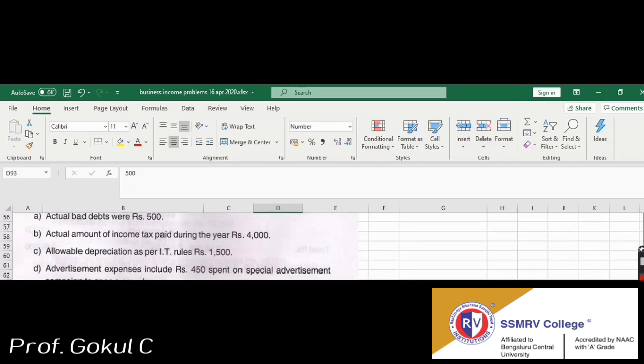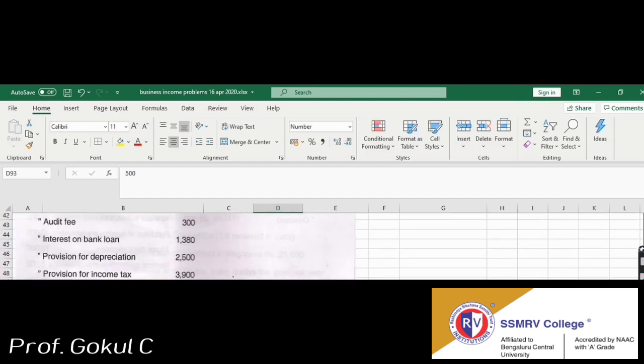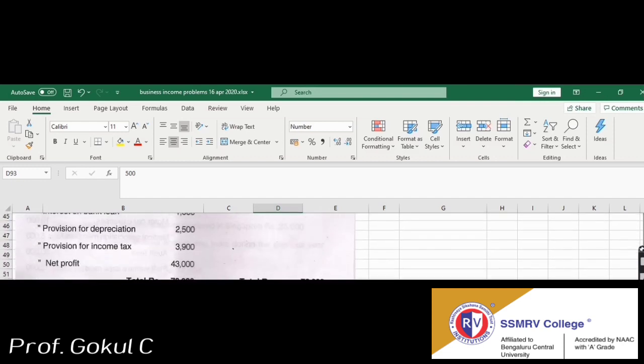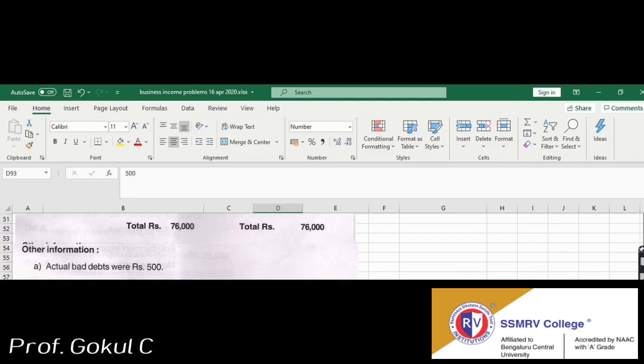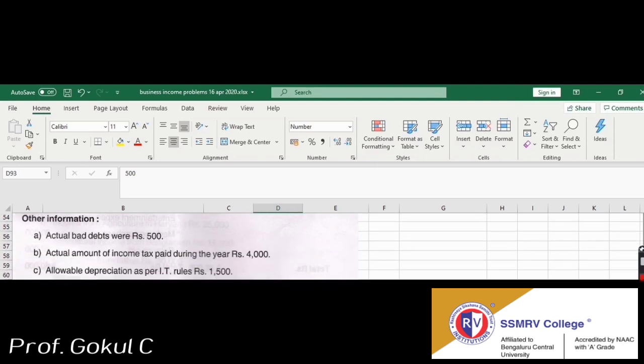Then actual amount of income tax paid during the year, 4,000. So how much was the provision that you have done? Provision for income tax is 3,900. But the actual income tax that you have paid is 4,000. Technically income tax doesn't come under your business income per se, so you can ignore that.